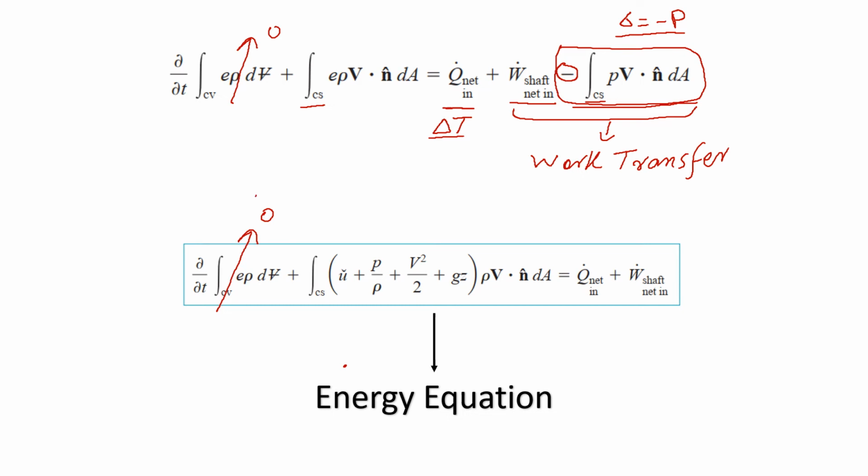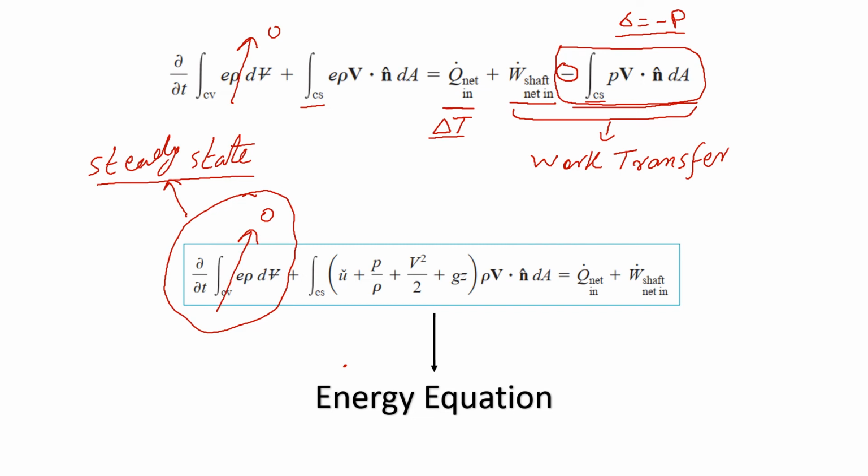But this term, that is the partial change with respect to time of the energy inside the control volume, will be equated to 0 because we are dealing with steady state flow problems throughout. So that's what we're going to do in the near future: we will be dealing with steady state problems, and this term will be equated to 0.